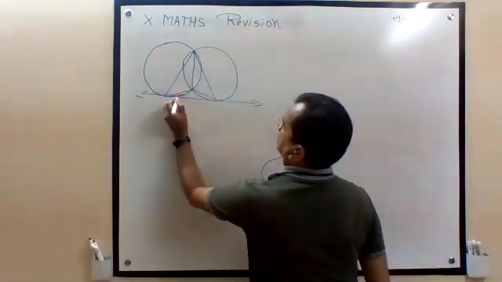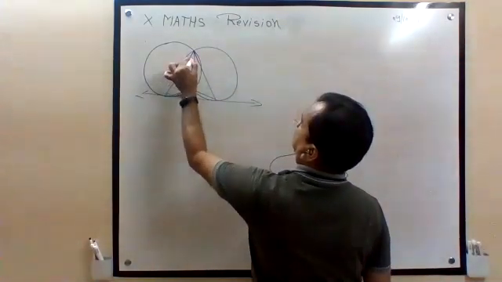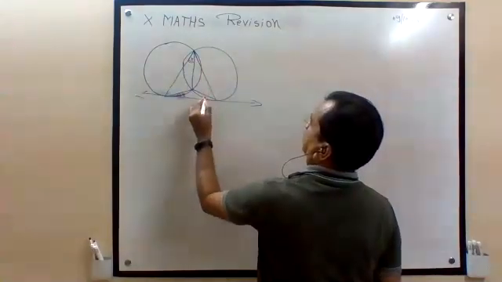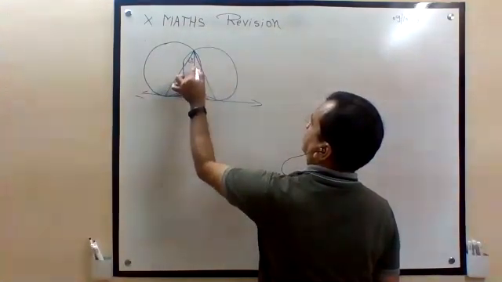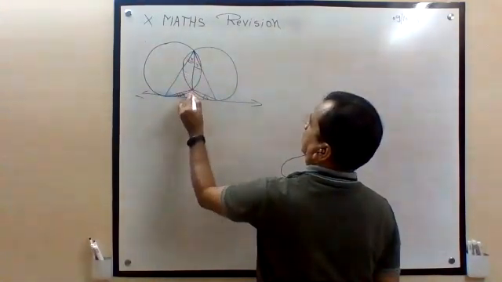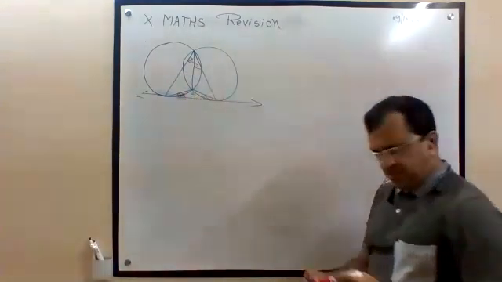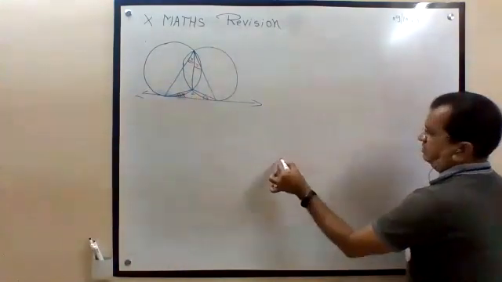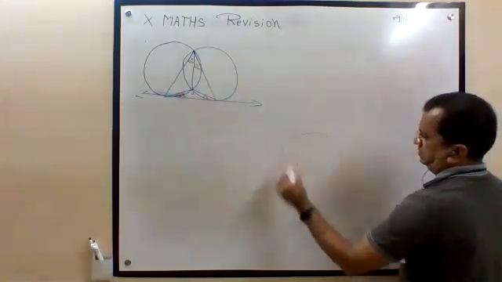First, try to understand that this is x, this is also x. This is y, and this third one is z. Separately, I am giving you.